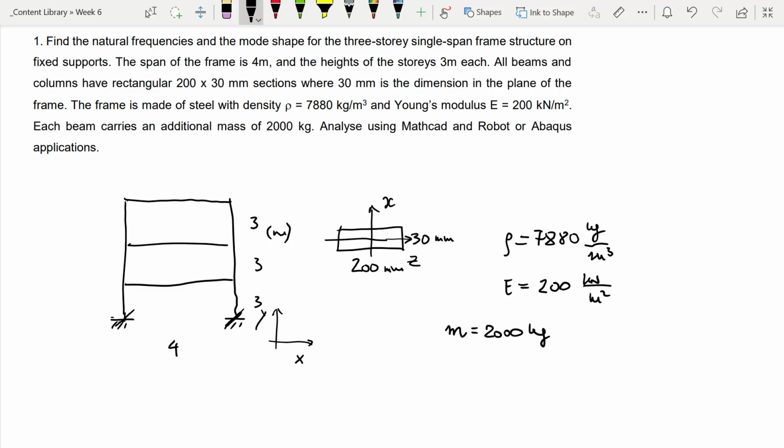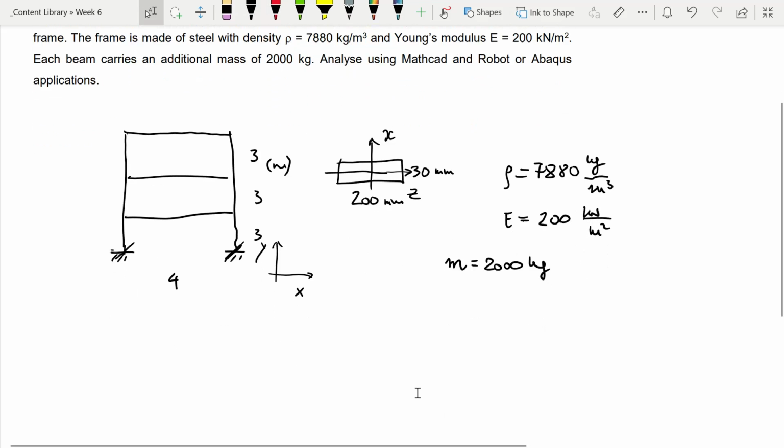For the beams, beams have to carry additional load of 2000 kilograms. So I will calculate how much that will add to the beam cross section. This additional area of the beam cross section I can find if I divide the mass that needs to be added of 2000 by the density.